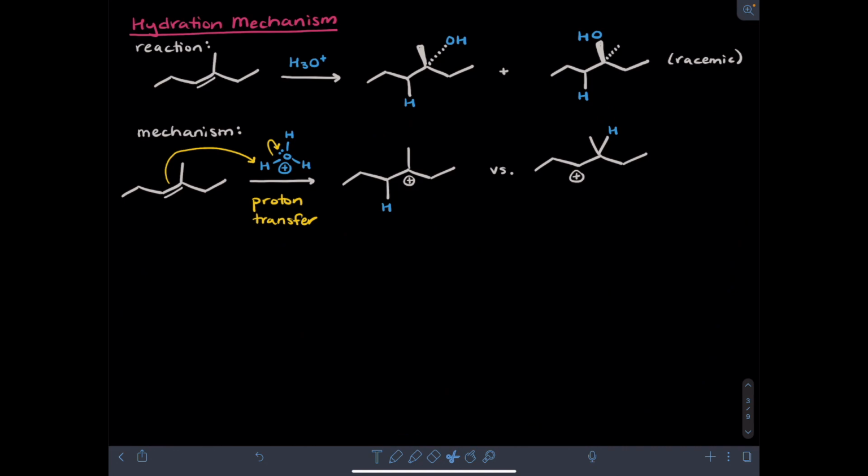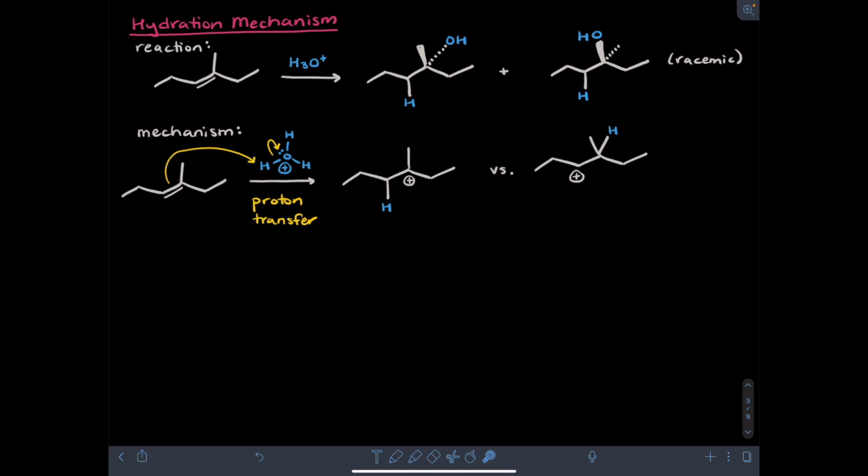I need to consider which hydrogen of the alkene to add the proton to. If I add it to the left carbon of the alkene, the following carbocation would form. Or if I added the hydrogen to the right carbon of the alkene, a different CH bond would form, and a different carbocation would form here as well.